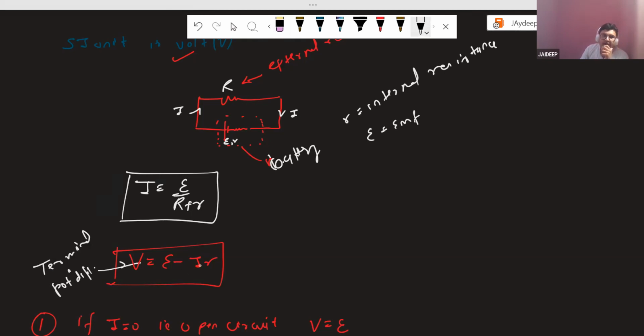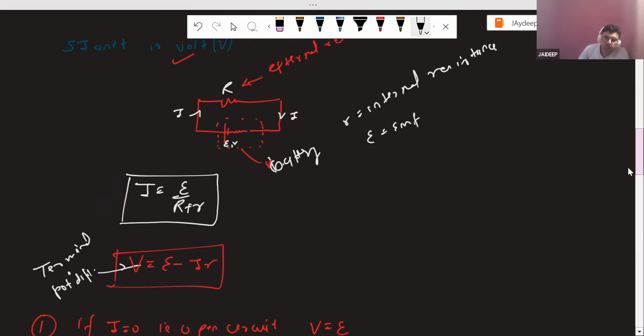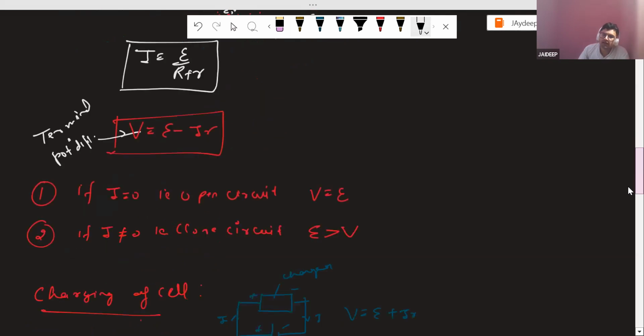V equals E minus Ir. I is the current, r is the internal resistance, E is the EMF. Now, if I is 0, that is in open circuit, terminal potential difference equals EMF of the battery. In case of closed circuit, EMF is greater than the terminal potential difference.